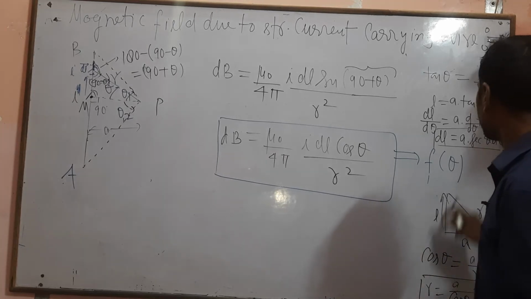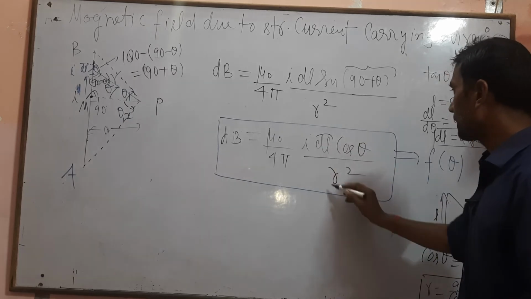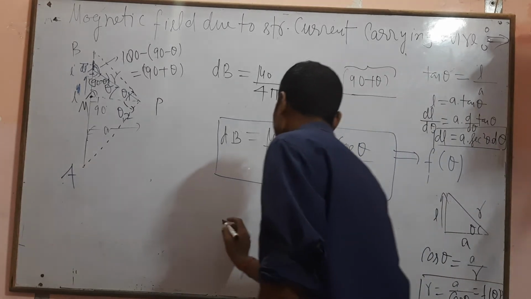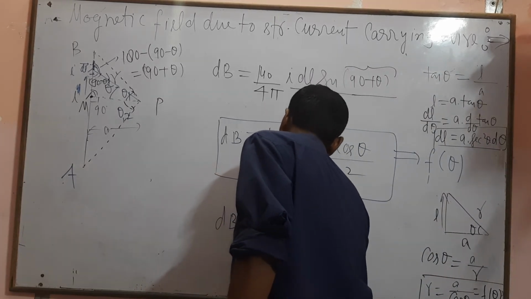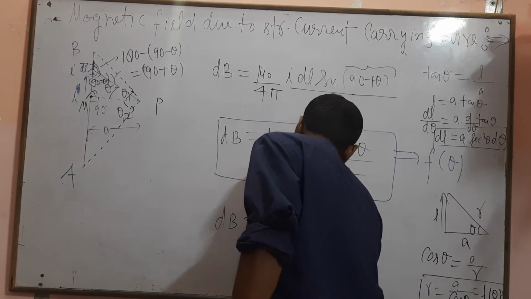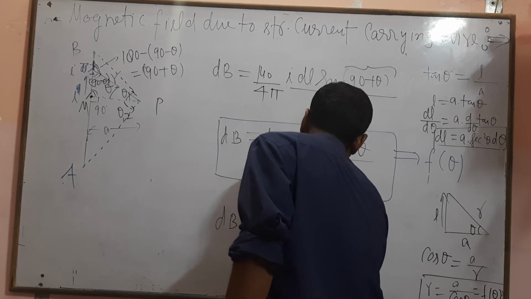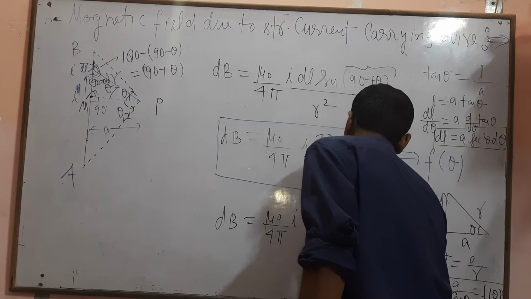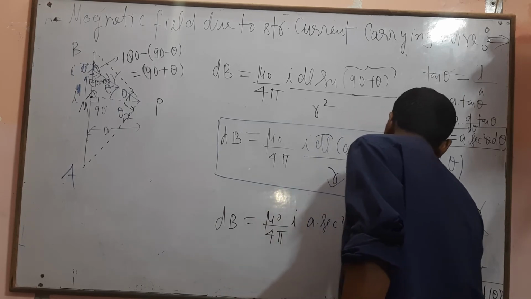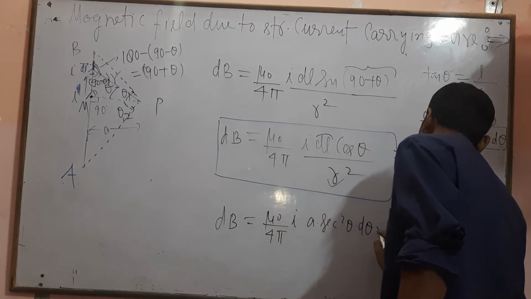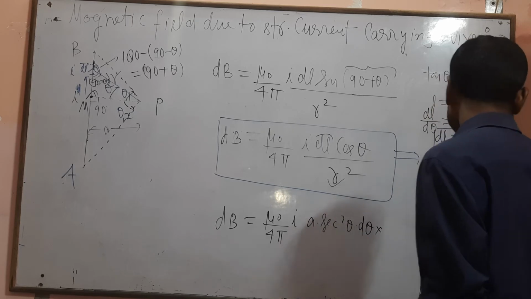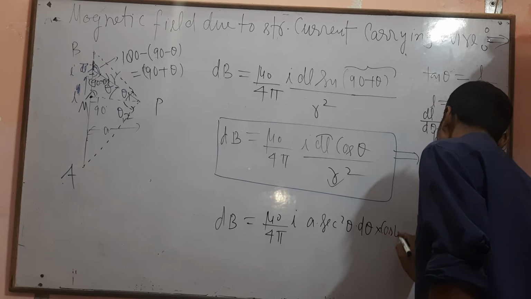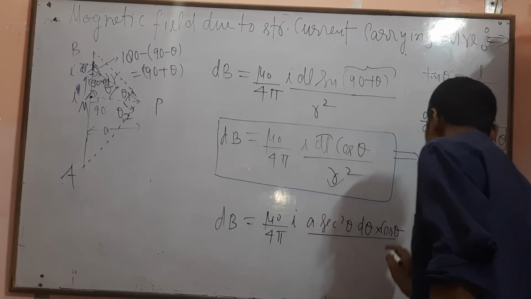We put this in place of dl and r, and the whole function will be converted into theta. So dB equals mu naught by 4 pi, I into dl, which is A into sec square theta into d theta, also into cos theta, divided by r square.